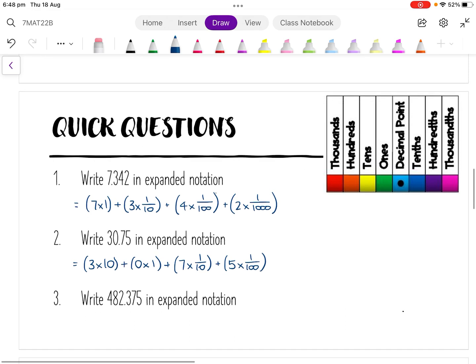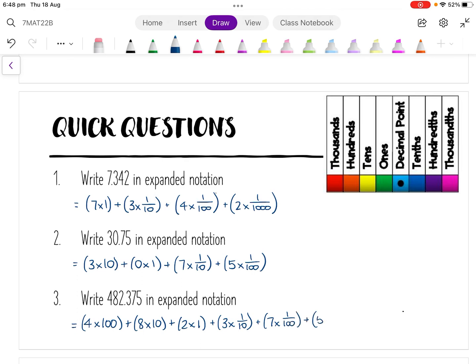And lucky last, to write 482.375 in expanded notation, we have 4 lots of 100 plus 8 lots of 10 plus 2 lots of 1 plus 3 lots of 1 over 10 plus 7 lots of 1 over 100 plus 5 lots of 1 over 1,000. Hope you got those all correct.